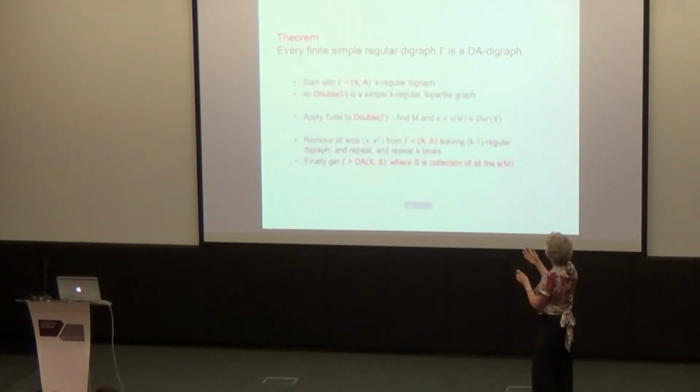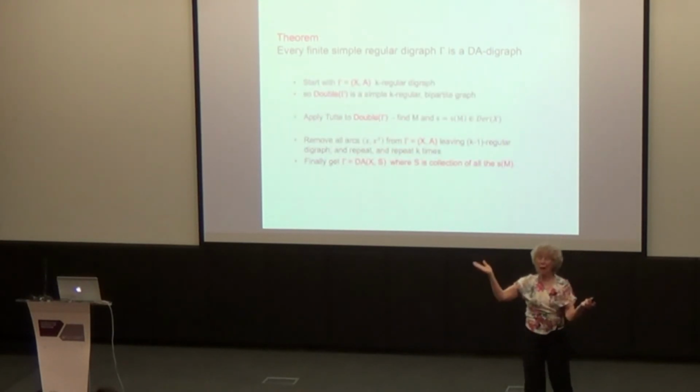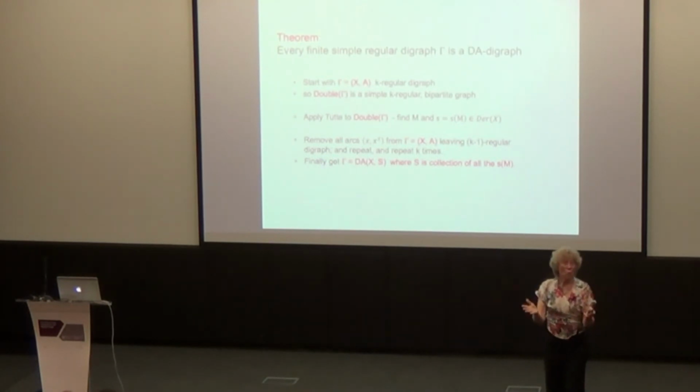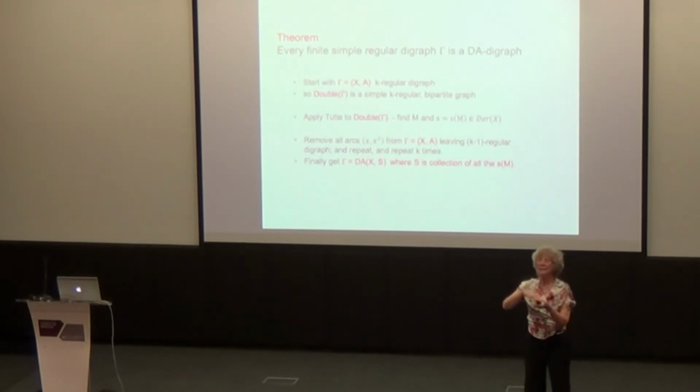So the next thing I do is I remove all those arcs, and for every vertex x there was exactly one out neighbour that I've taken away. So I get left with a finite, simple, regular digraph, valency 1 less.